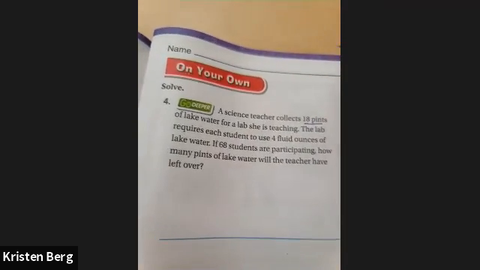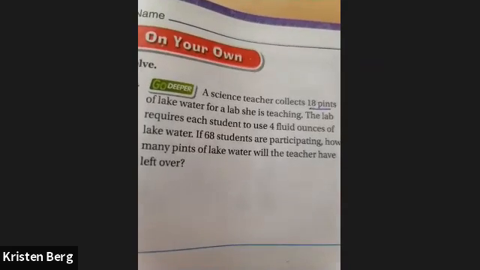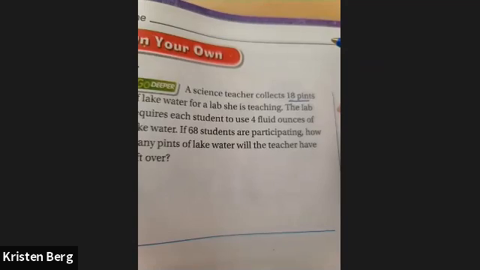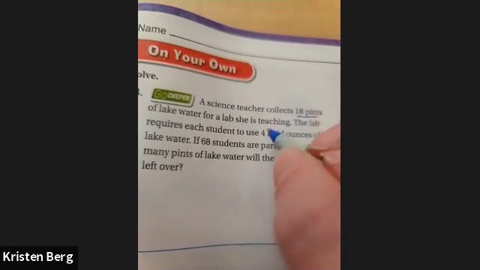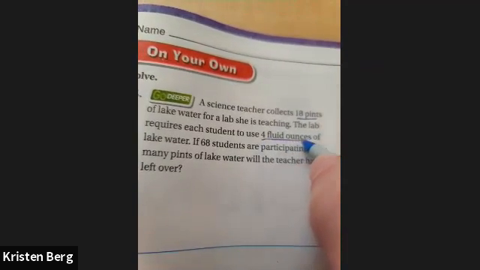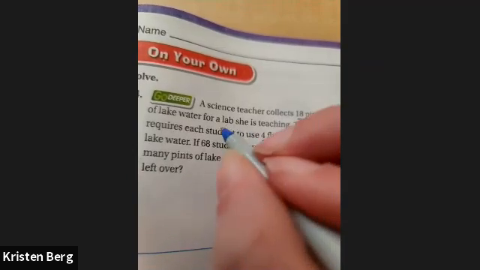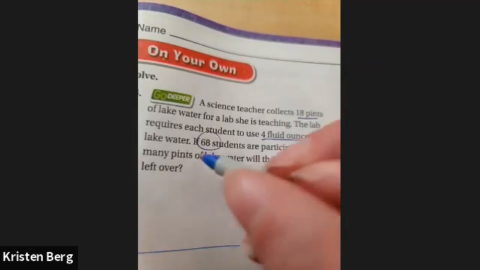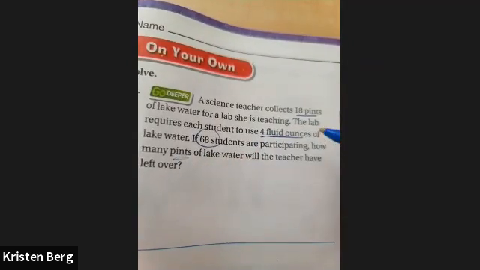All right, so it said that she had 18 pints. And it said here that each kid is going to need 4 fluid ounces, but there's going to be 68 kids. And then it wants to know how many pints would end up being left over.